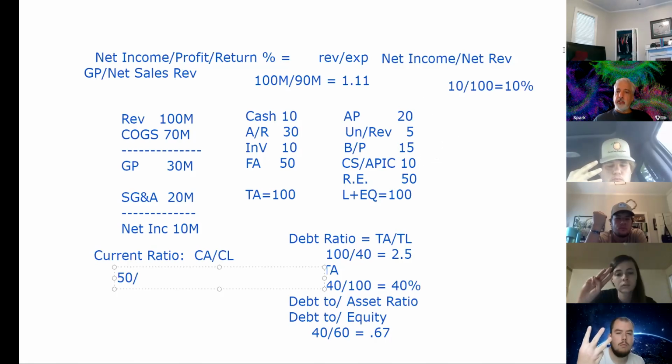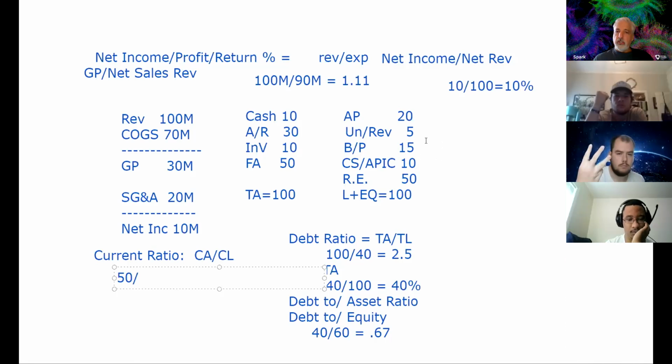Okay, current liabilities. Things in a year's time that are going to be used up. Well, bonds payable are usually long-term. That's like a 10-year bond, a 20-year bond. So if you held up 2 fingers, right on. You have accounts payable and unearned revenue. And how much of that, what do we got there? We got 25.